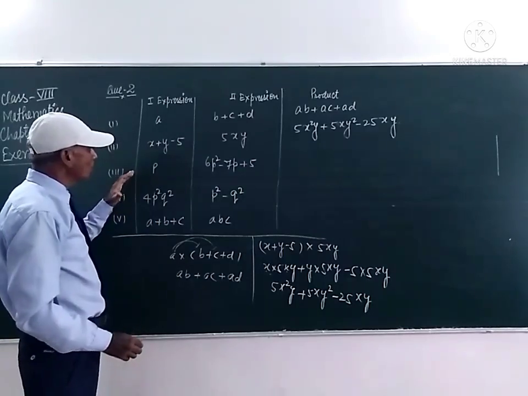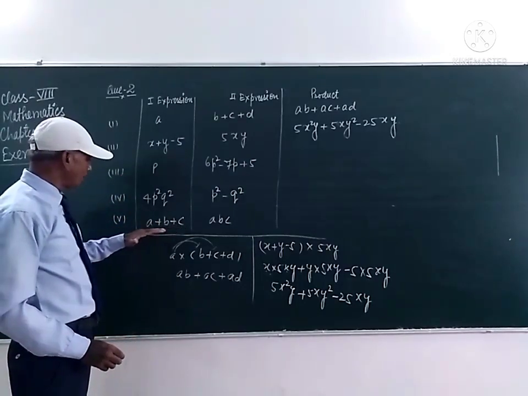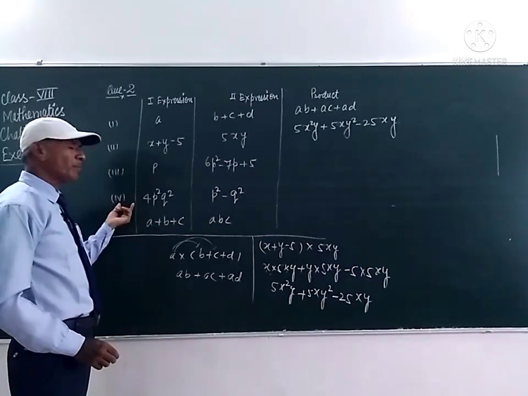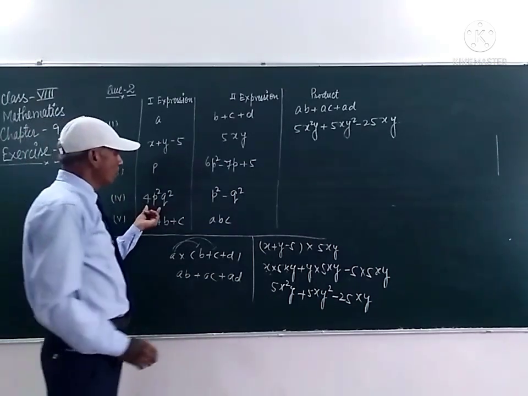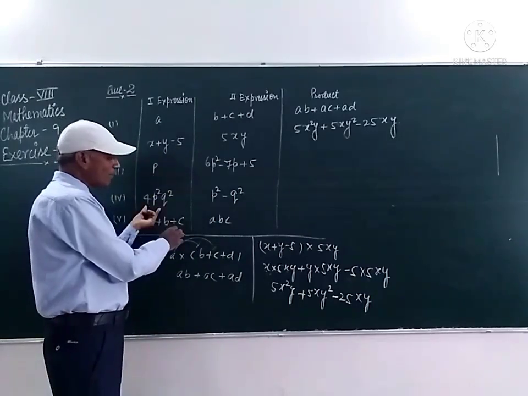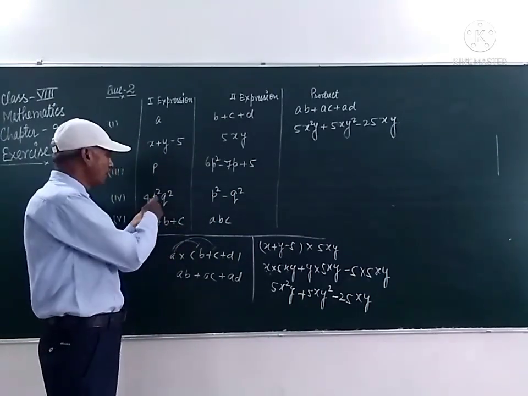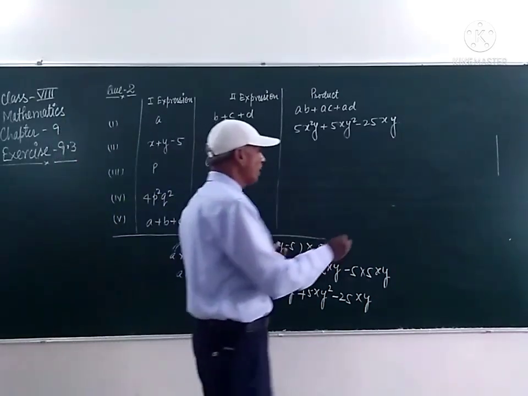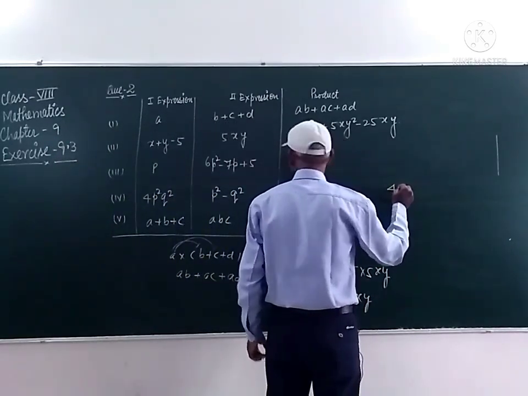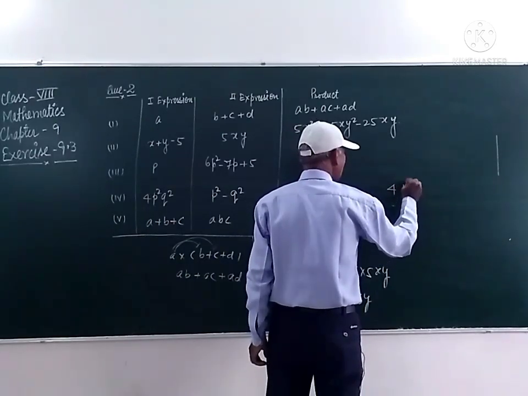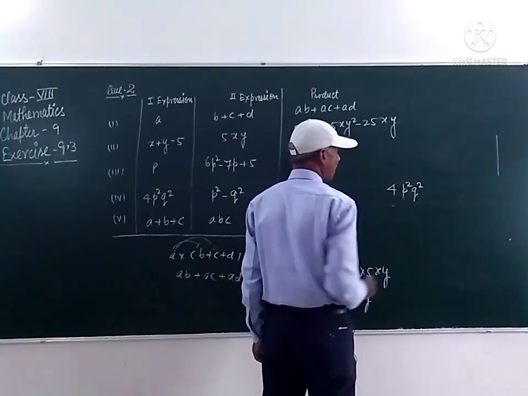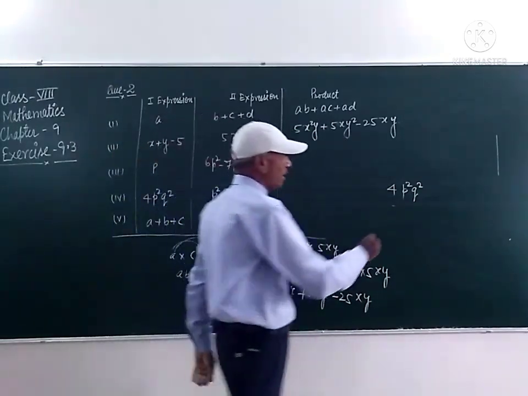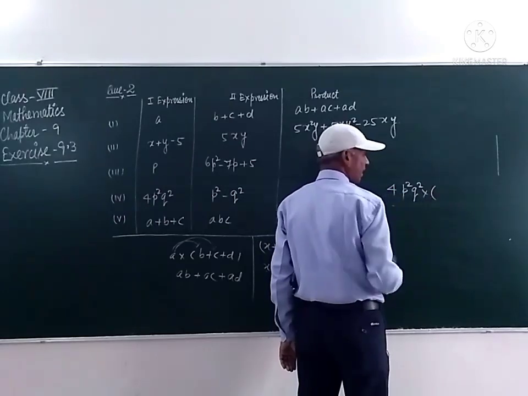Now we have to do the next part, the last part, that is, student, this fourth part. This third part and fifth part you have to do yourself. I am going to solve the fourth part of this question, student, and in the fourth part the first expression is 4p square q square, multiplied by (p square minus q square), put a bracket here.